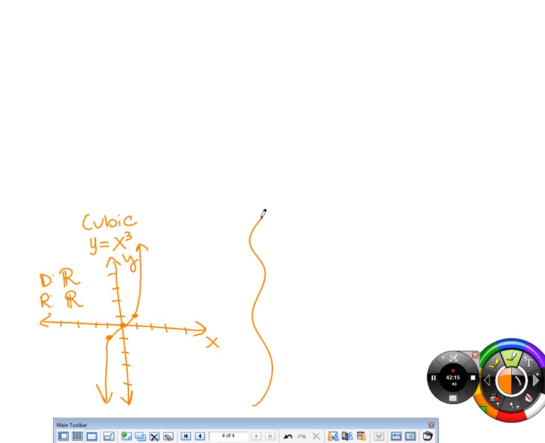And then the last parent function that you have to put on there is the cube root.